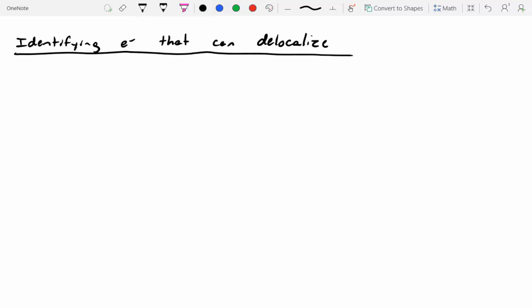So I'm going to draw an example, and we're going to compare it to an analog that looks pretty similar. I'm not going to use bond line structure for now, just so we can keep track of everything. But let's do a little pop quiz.